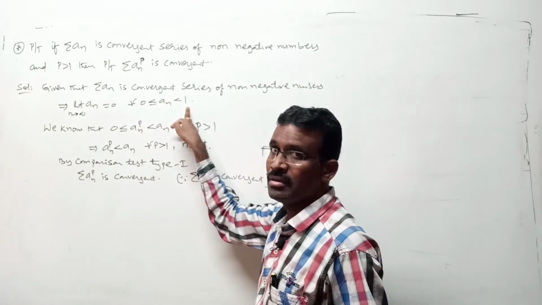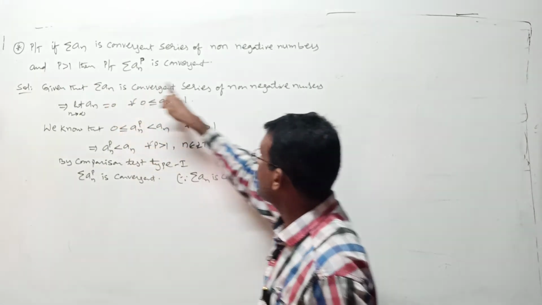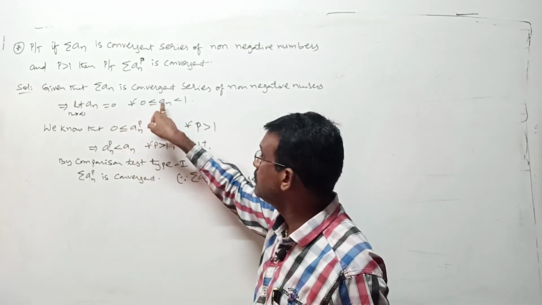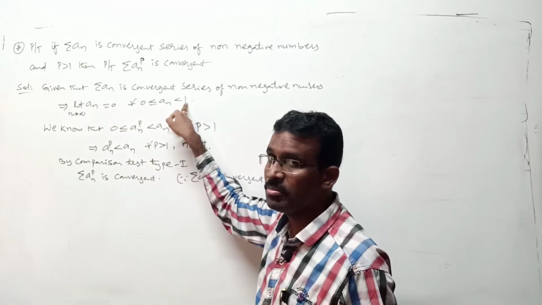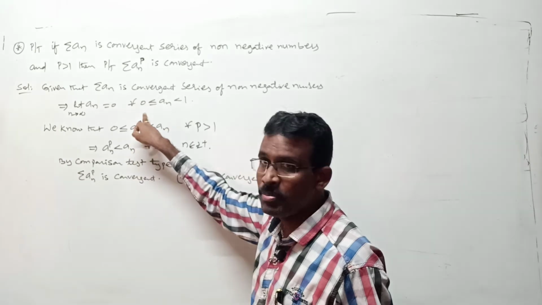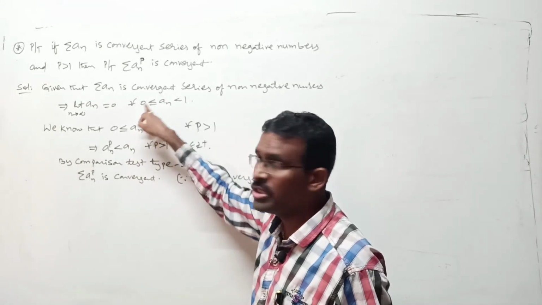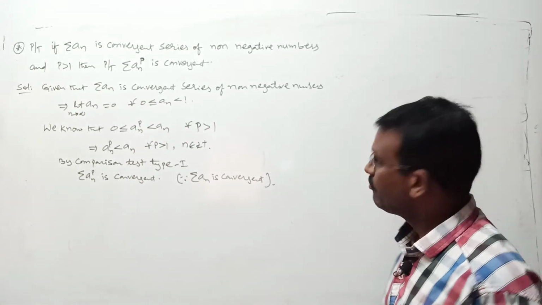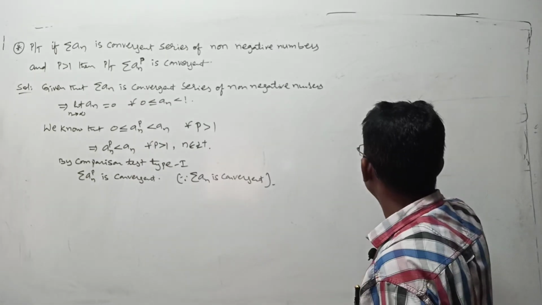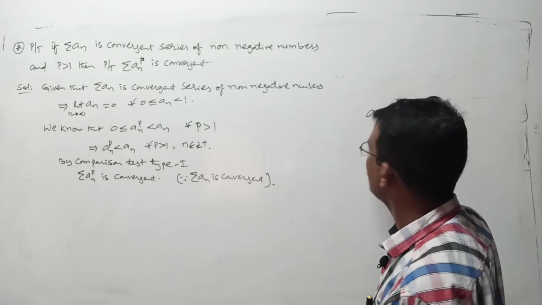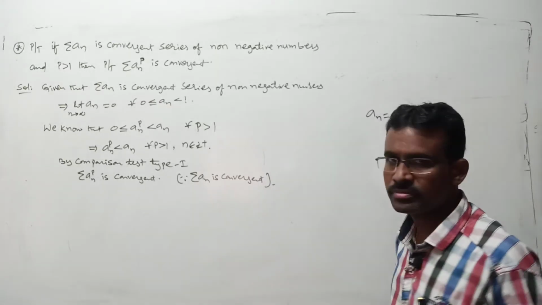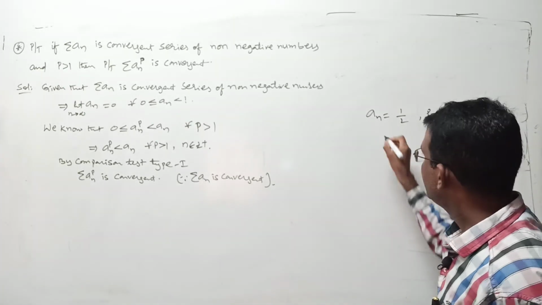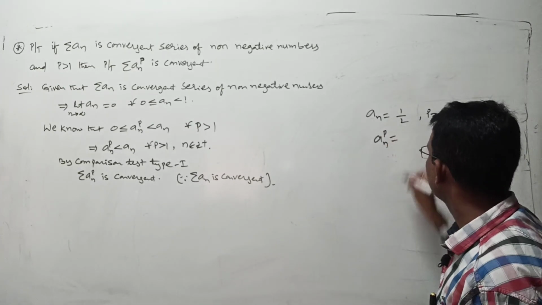Basically whenever sigma an is a series of non-negative terms, limit an is 0 and an should lie between 0 and 1. While we are writing an power p, if an lies between 0 and 1, an power p is always less than an. For example, take an in between 0 and 1 by 2, and p greater than 1, say 2. Then an power p is what?